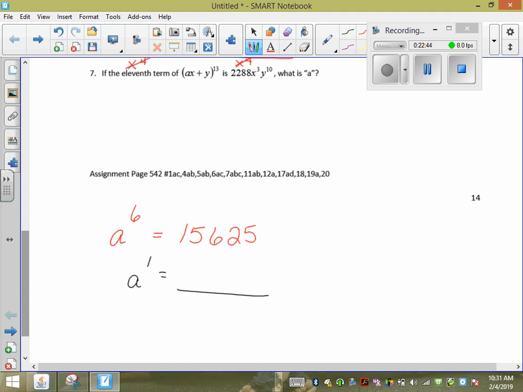Ultimately, that's my goal. Correct? Every single time we're solving, it's a to the 1, b to the 1, x to the 1 equals something. That's our goal. So instead of saying take the 6th root of this, what could I multiply this power by in order to get this to turn to a 1? That's what I want you to think. What could I multiply 6 to the 1 by that when I multiply them, they would cancel out when I go to 1?